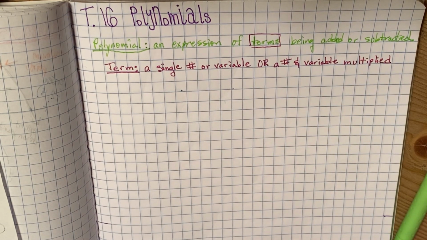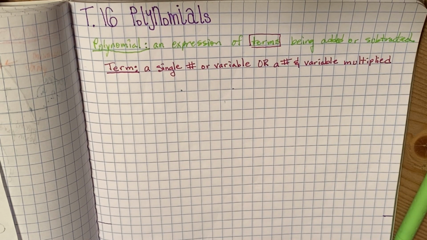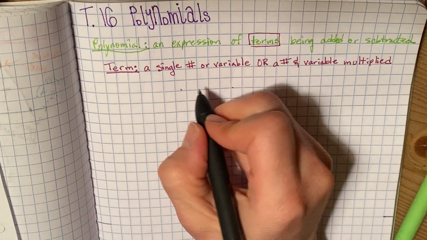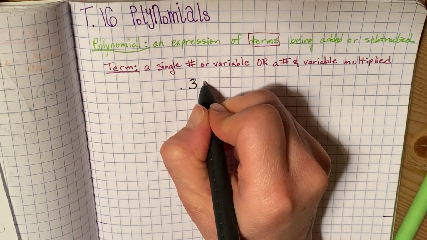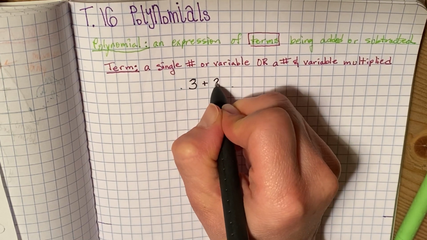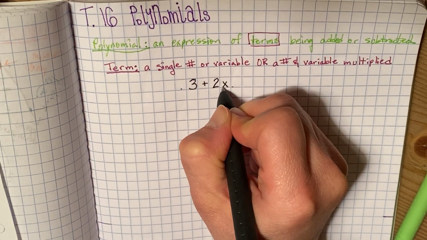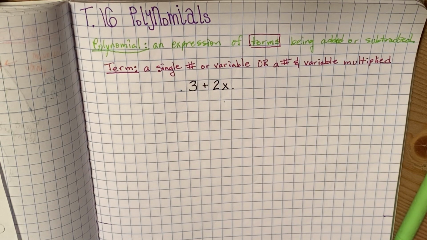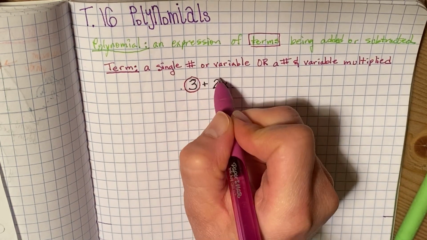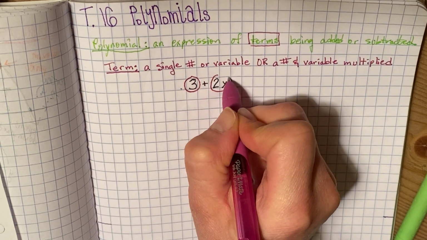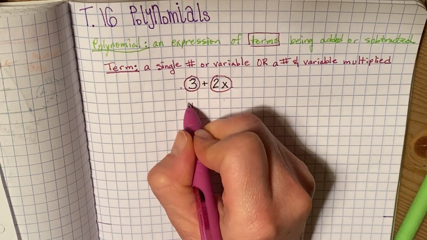Okay, so for example, what does that look like? All right, so if we had 3 plus 2x, okay, these two things, these are the terms.